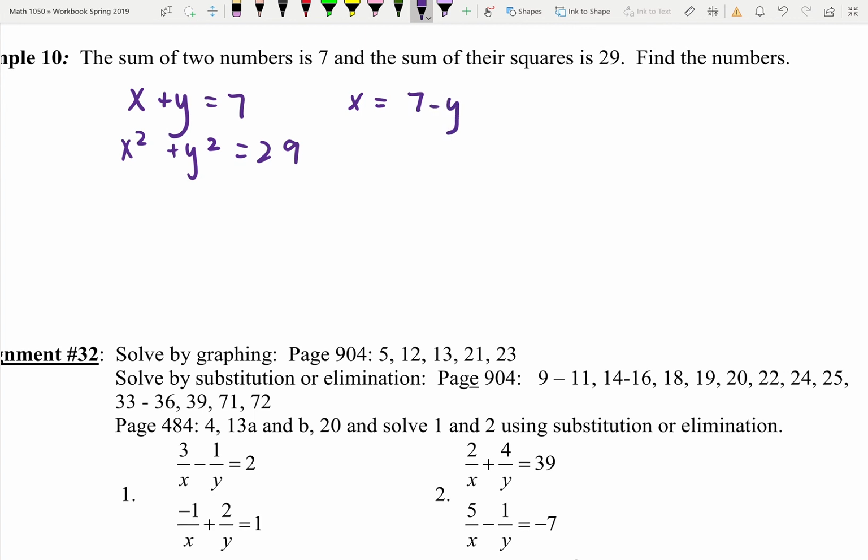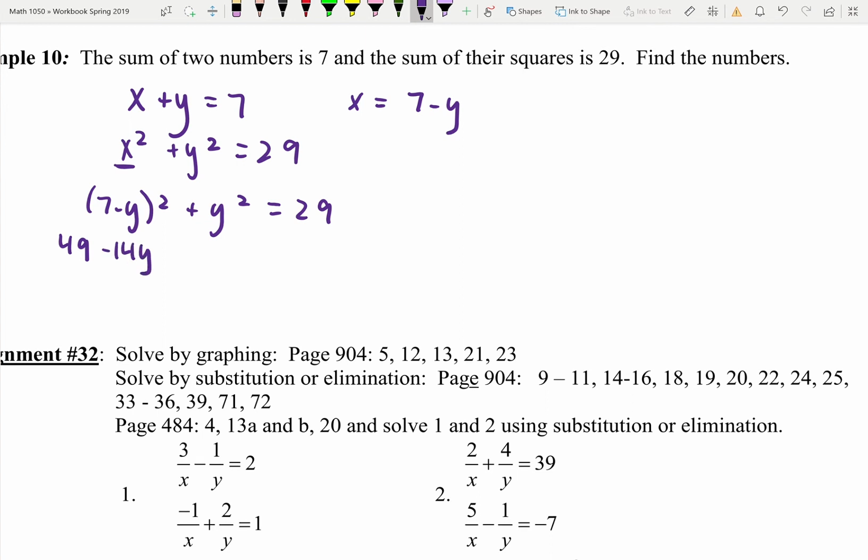I could put negative y plus 7, but then I'm going to have to FOIL, and that's kind of confusing. So I always put the negative in the center. Come right here, and let's fill that in. So it's 7 minus y squared plus y squared equals 29. 7 minus y squared FOILing, 7 times 7 is 49. Negative 7y is a negative 14y.